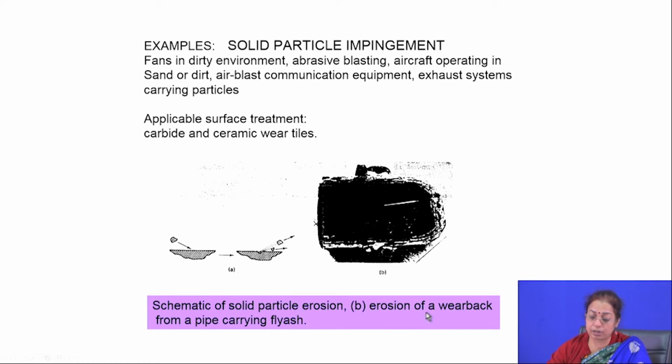For example, in an erosion wear back from a pipe carrying fly ash, you will find a lot of particles impinged on the surface and accordingly pits and holes. Quickly going through the applicable surface treatments: if you apply a very thin hard layer on the surface by hard facing, physical vapor deposition or chemical vapor deposition, you can minimize the probability of solid particle impingement.